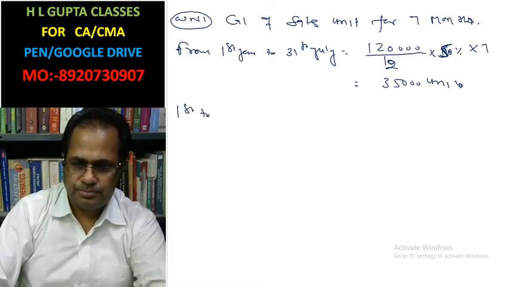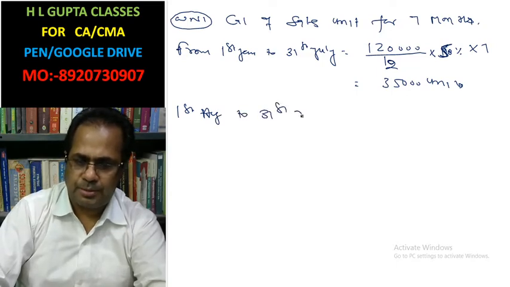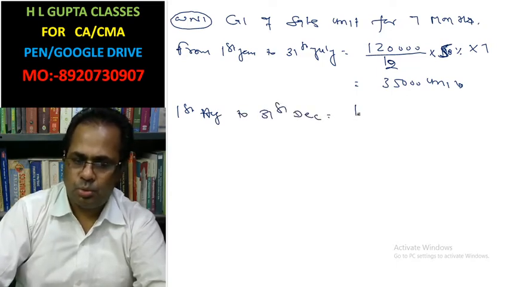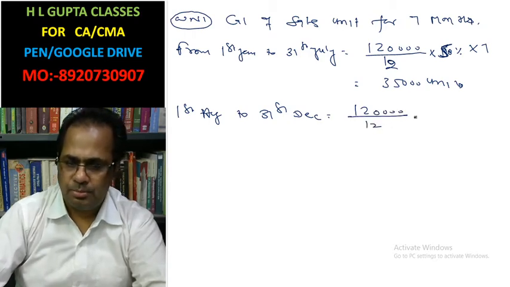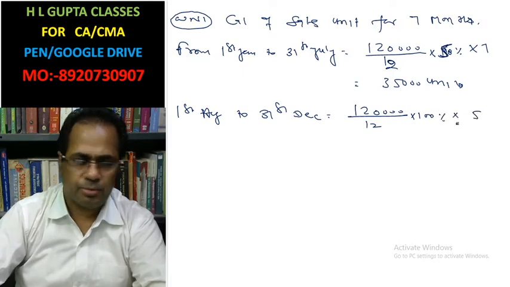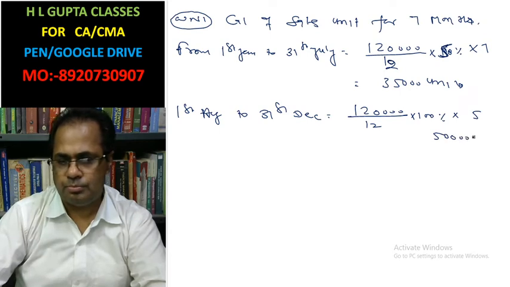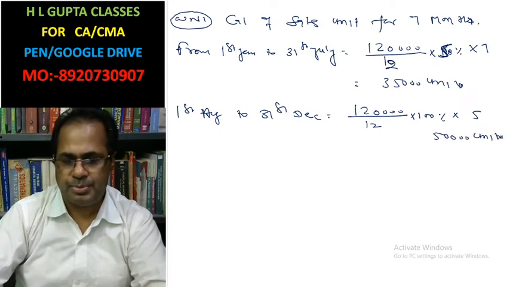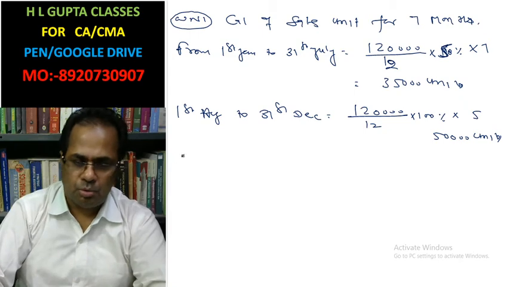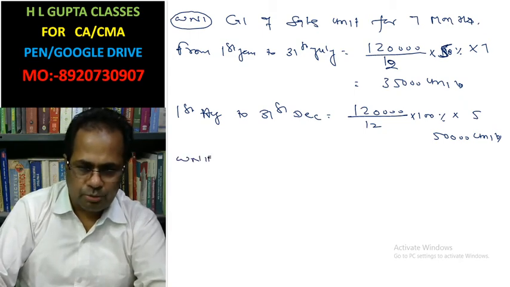From 1st August to 31st December: 1,20,000 divided by 12 at 100% capacity for 5 months is 50,000 units.